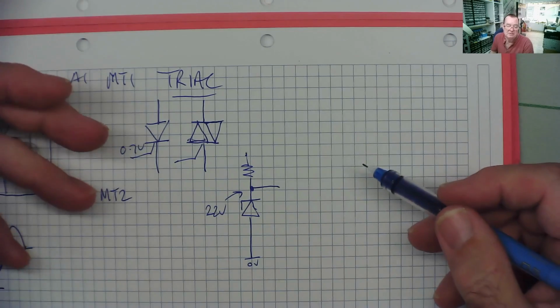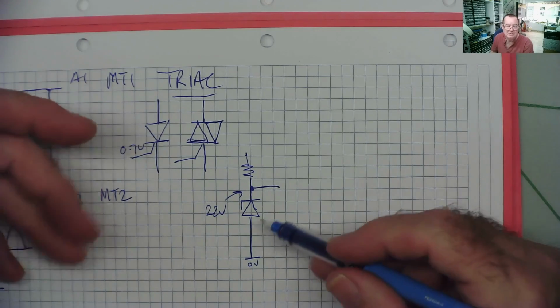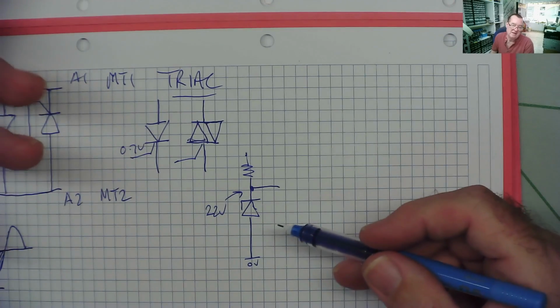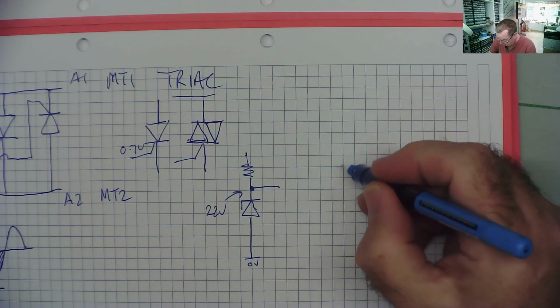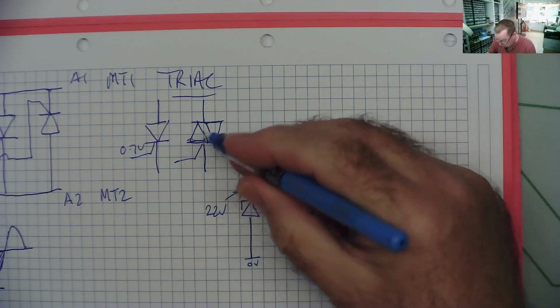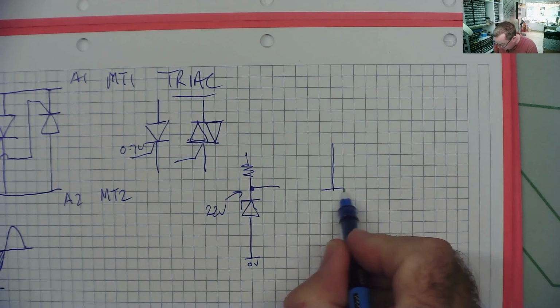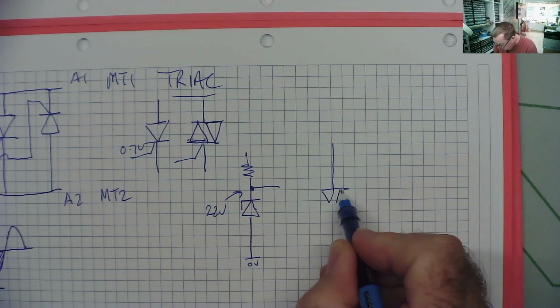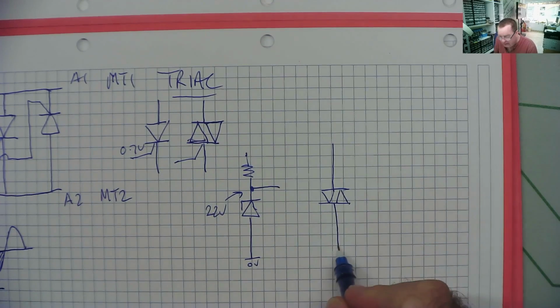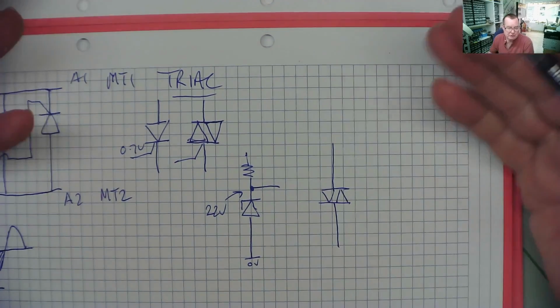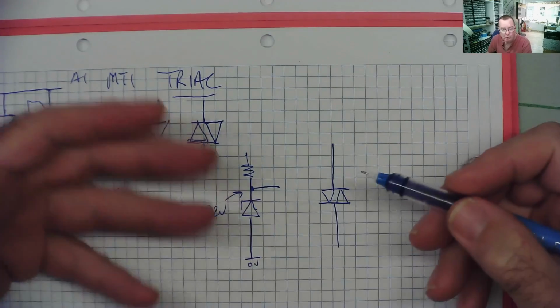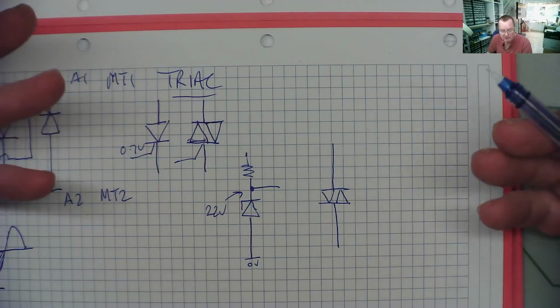What a diac is, is basically a bidirectional Zener diode. The symbol for a diac is really much the same as a triac, the only difference being that a diac only has two terminals. It's like a triac without a gate that automatically switches on at a certain voltage.